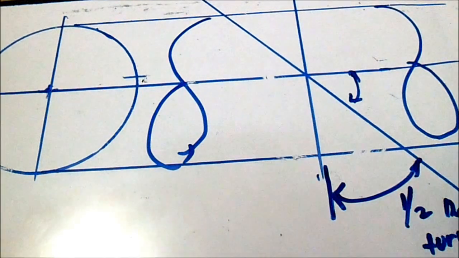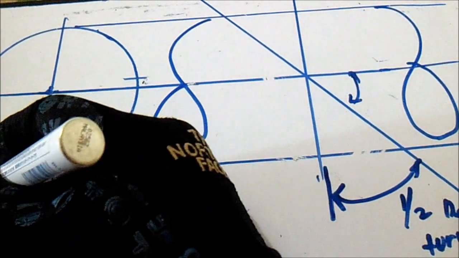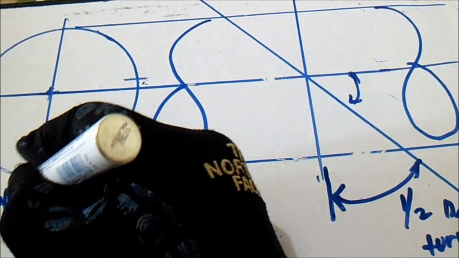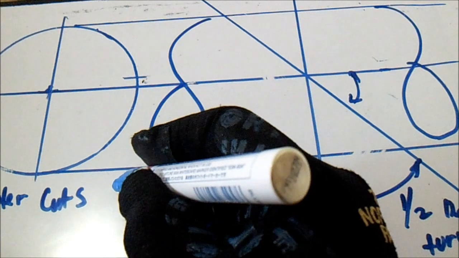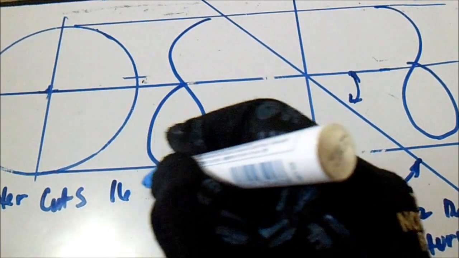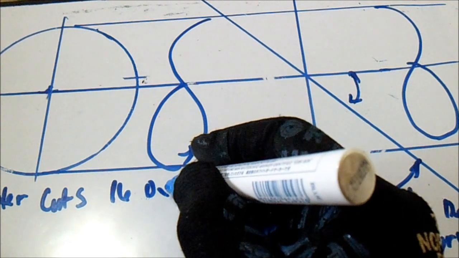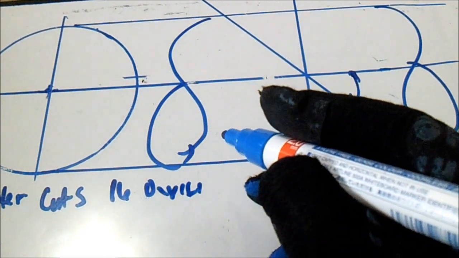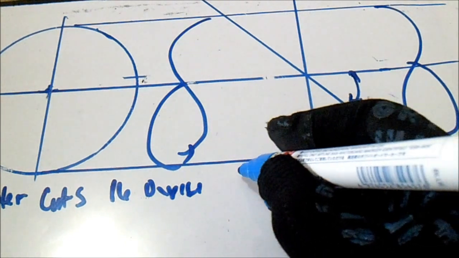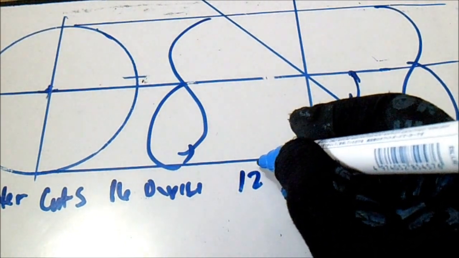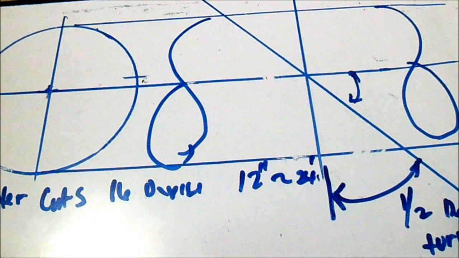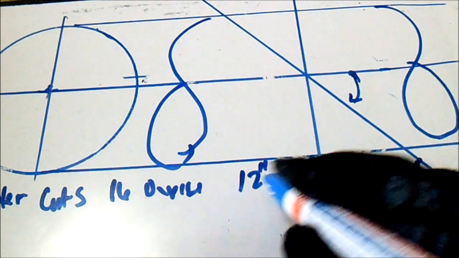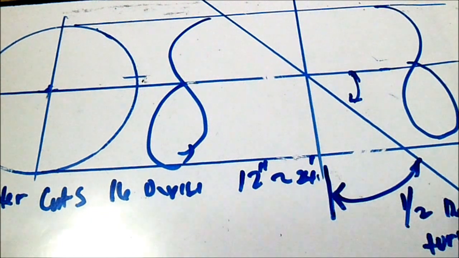So the formula for these miter cuts: let's say this is 16 divisions, and our pipe is 12 inch to 24 inch.